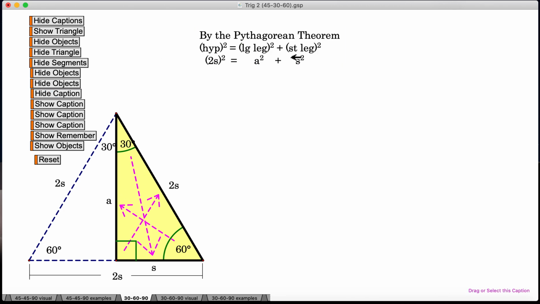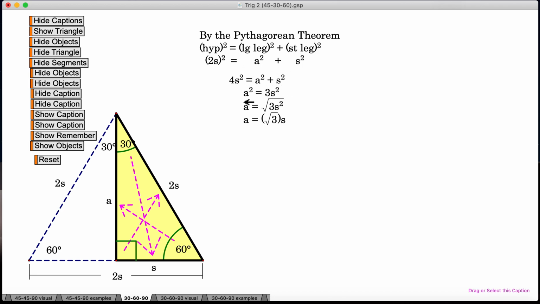So now if I use Pythagorean's theorem, the hypotenuse is 2S, so 2S squared is equal to one leg, the long leg in this case, A squared, and the short leg is S, so S squared. I'm solving for A in terms of S because I want the three sides in terms of S. So 4S squared equals A squared plus S squared.